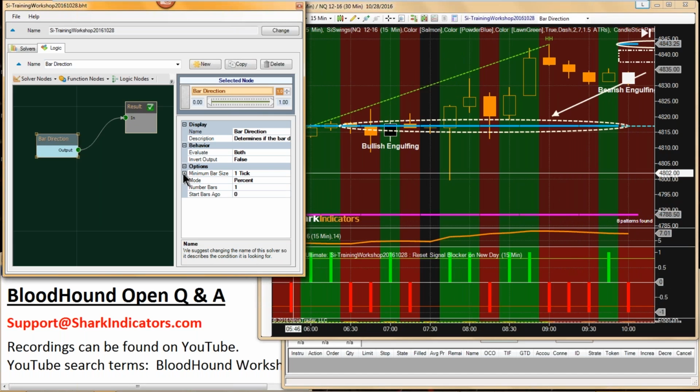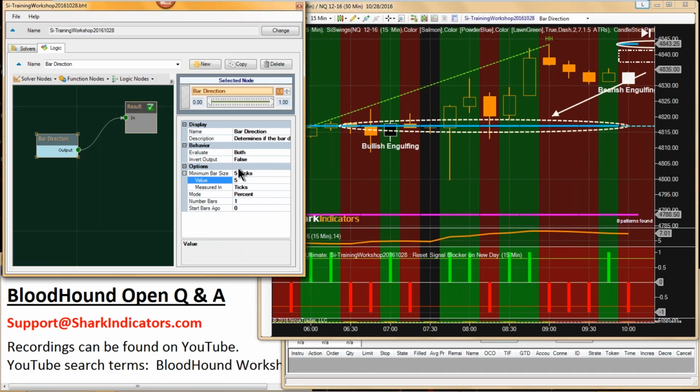And you know, the bar direction does have some settings here, so you could look for bars that are at least 5 ticks, where the body is 5 ticks or greater.